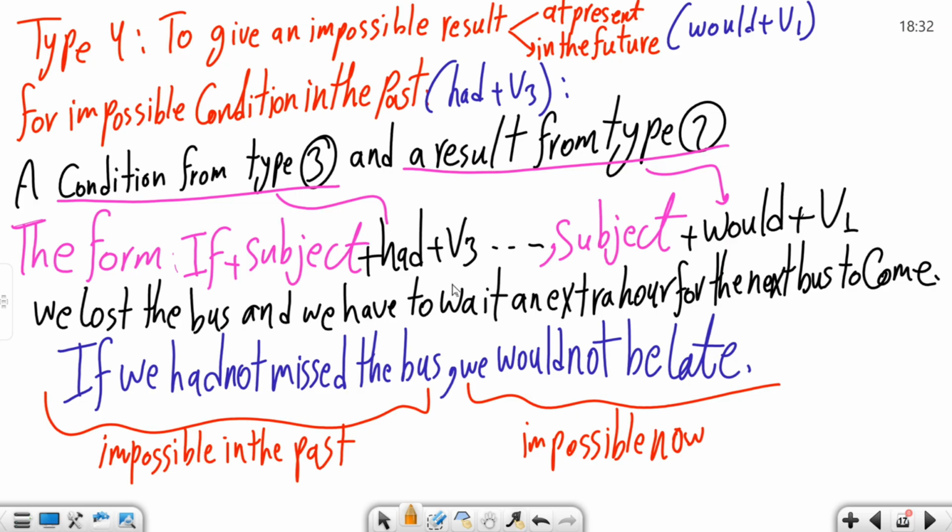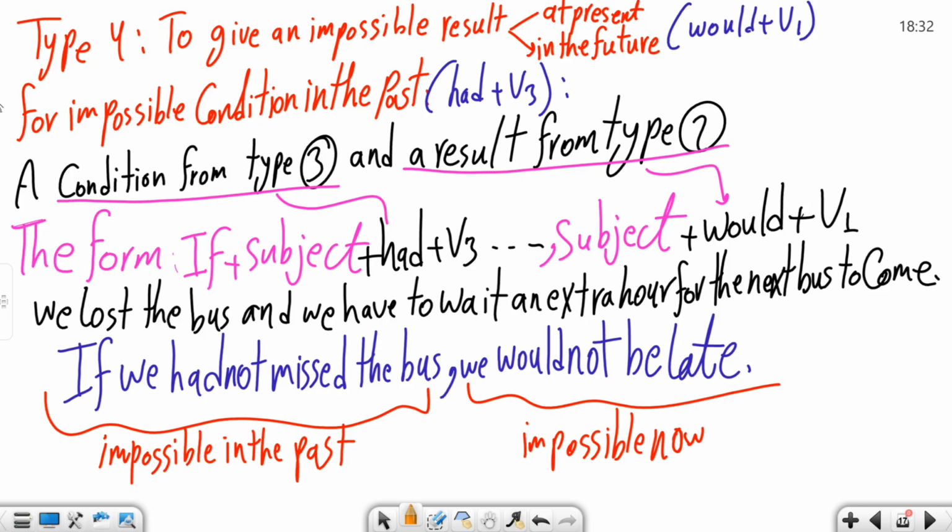My friends, professionally, I'm talking to you now professionally, this type is used by professional speakers. If you can use this type of conditional sentences, I tell you, you are a 100% C1 or C2 English speaker. Let's talk about type 4.